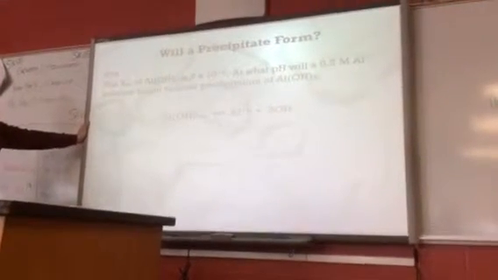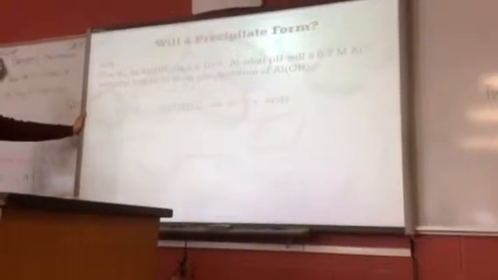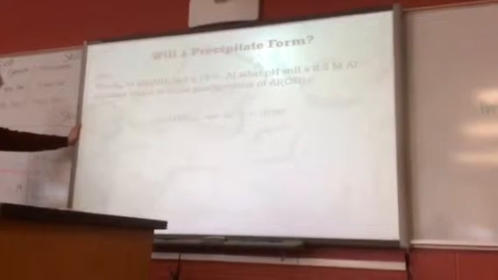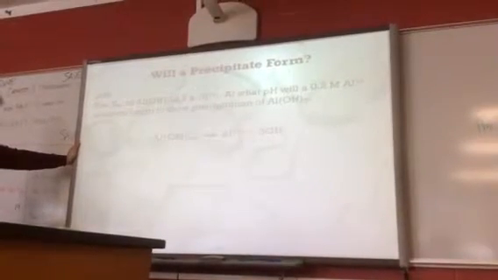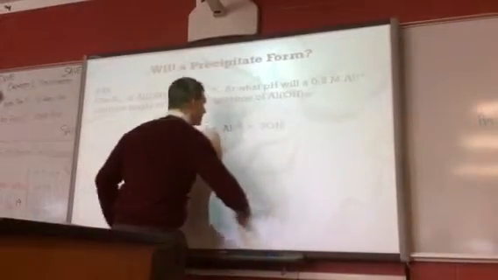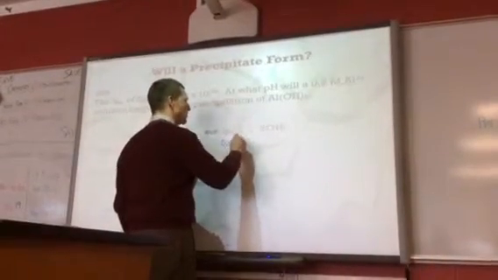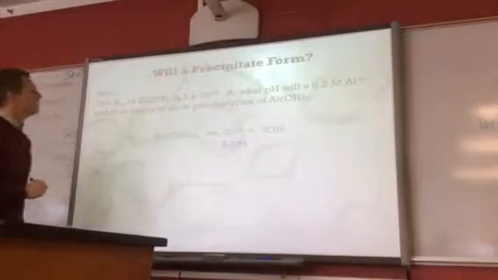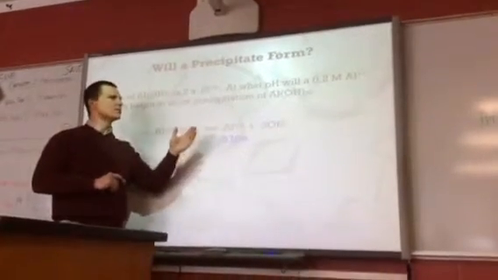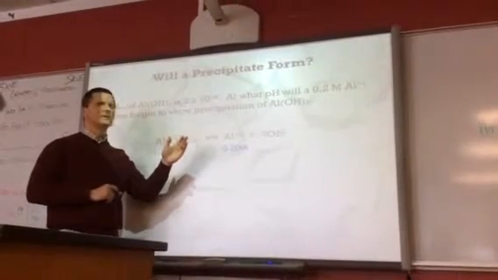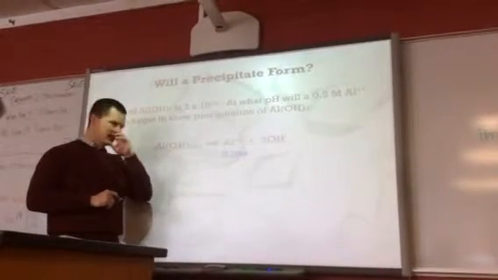All right, so in this case, we again know the Ksp of aluminum hydroxide is 2 times 10 to the negative 36. At what pH will a 0.2 molar aluminum solution, so 0.2 molar is our concentration of aluminum, begin to show precipitation of aluminum hydroxide? So it's asking at what pH.